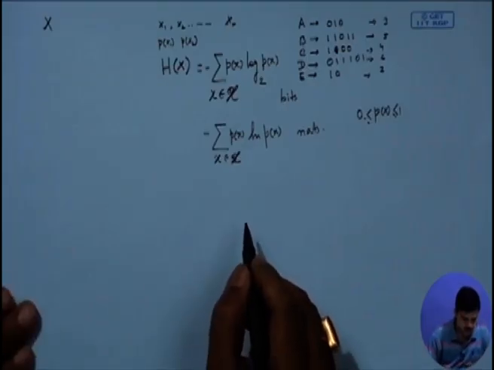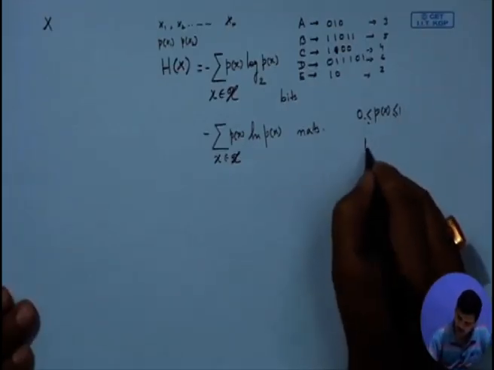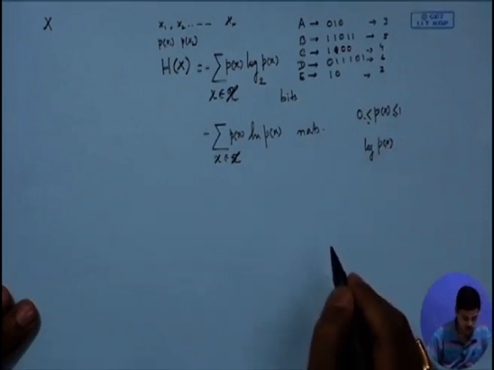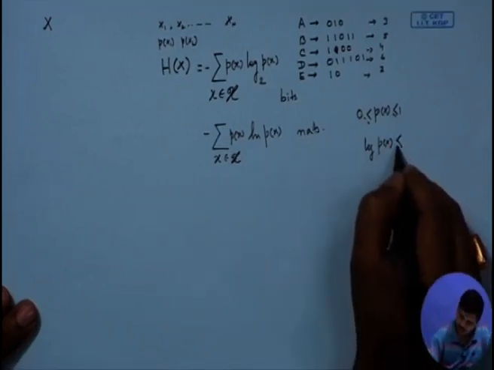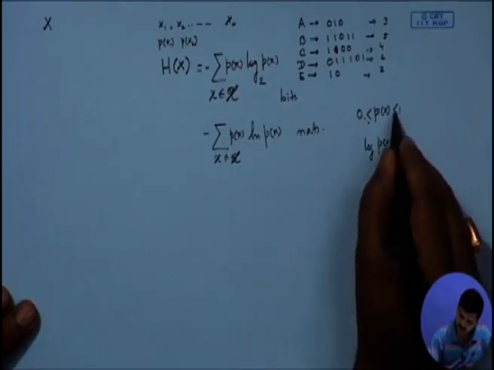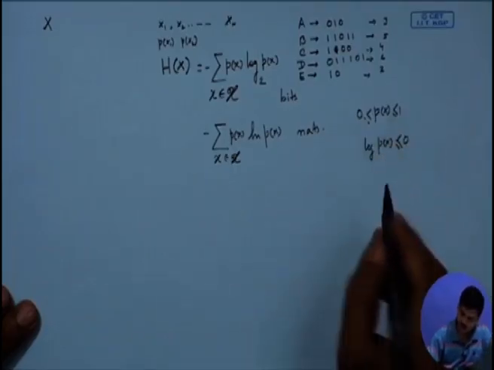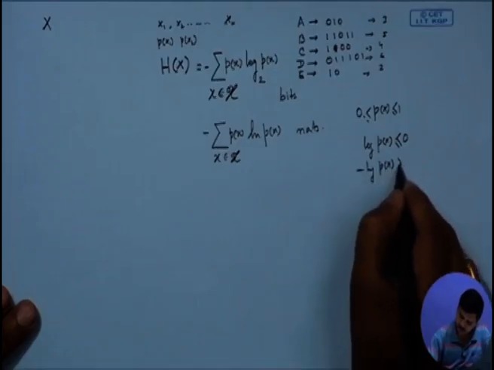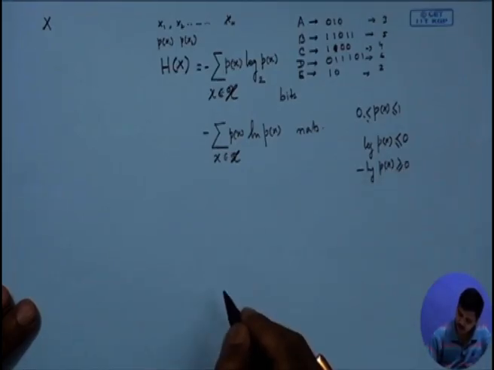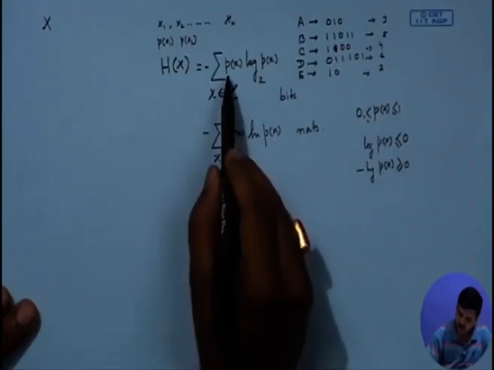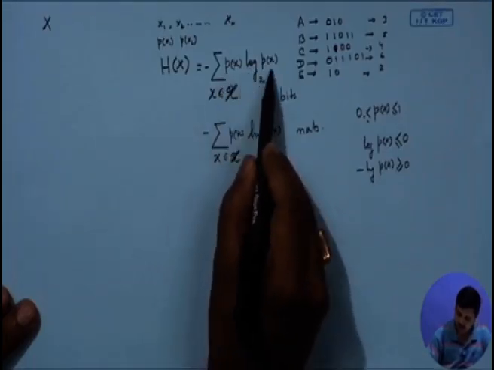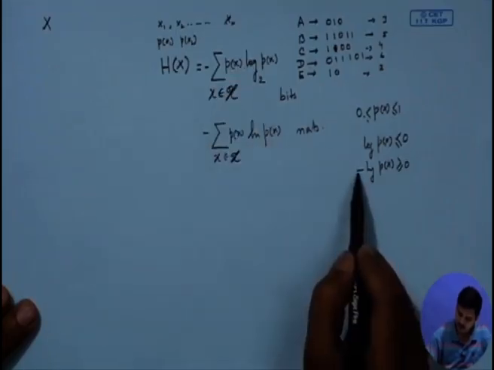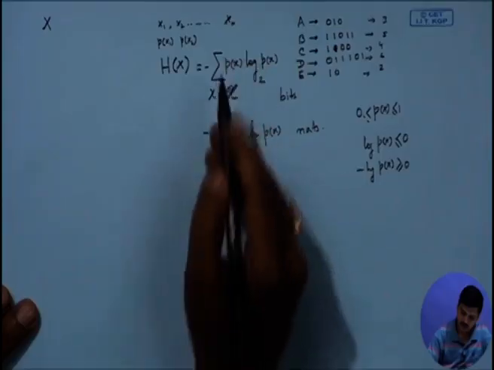If you look at this, log of p of x is definitely negative, so it is less than or equal to 0, equal to 0 when p of x is equal to 1, and minus log p of x is greater than or equal to 0. So p of x is positive, minus log p of x is also positive, so this whole number is positive.